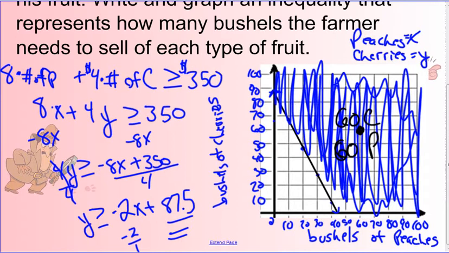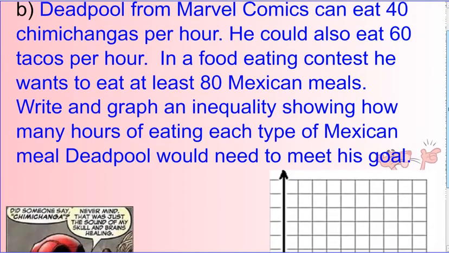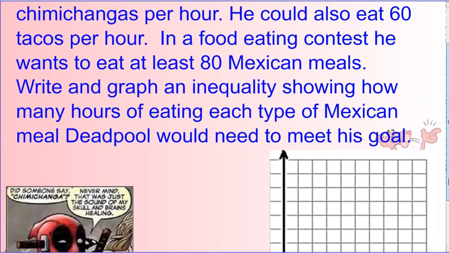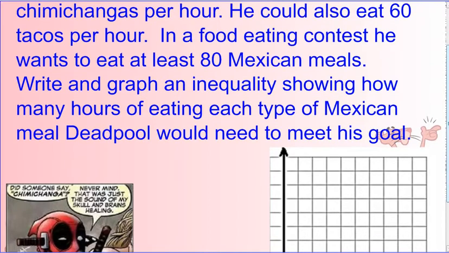I think we got one last problem. It's yours to try. Here it says Deadpool from Marvel Comics can eat 40 chimichangas per hour. He could also eat 60 tacos per hour. In a food eating contest, he wants to eat at least 80 Mexican meals. Write and graph an inequality to show how many hours of eating each type of Mexican meal Deadpool would need to meet his goal.